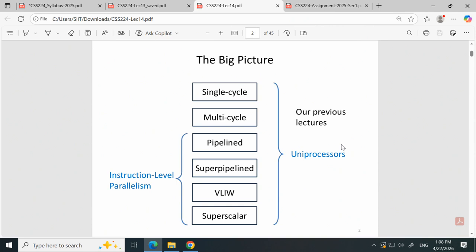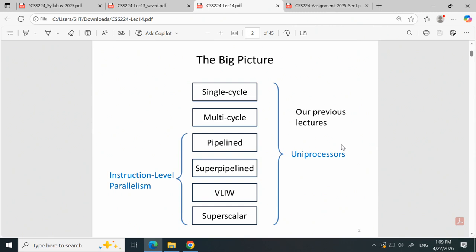So all these guys are uniprocessors. What does it mean? Just one CPU. Uniprocessors. And pipeline, super pipeline, and superscalar use instruction level parallelism, which means multiple instructions can be executed in parallel.